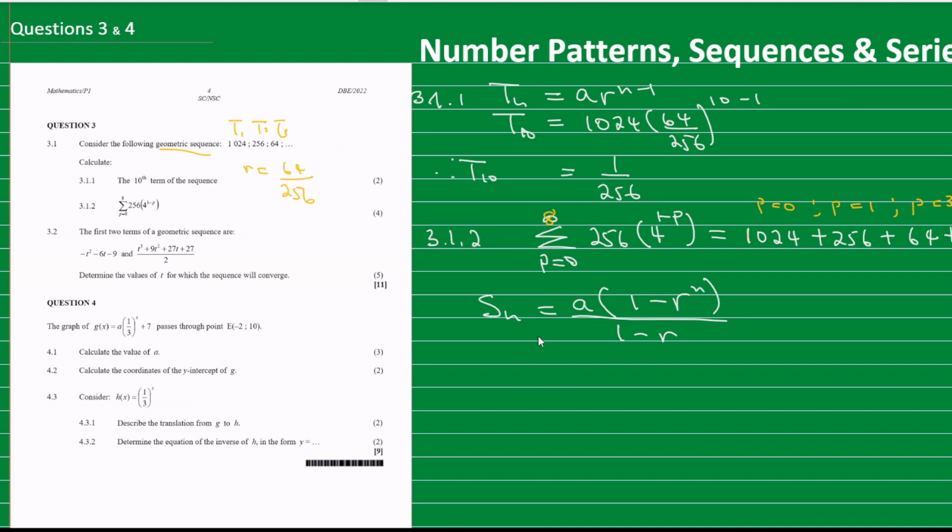Okay, and here, how many terms are we adding? We are adding actually 9 terms, from 0 to 8. So we are looking at the sum of 9 terms. The formula that you use is 8 subtract 0, that is 8, plus 1. I've seen most students make a mistake there. They just look at the top number and think that is the number of terms. You have to take note of the number where you are starting from.